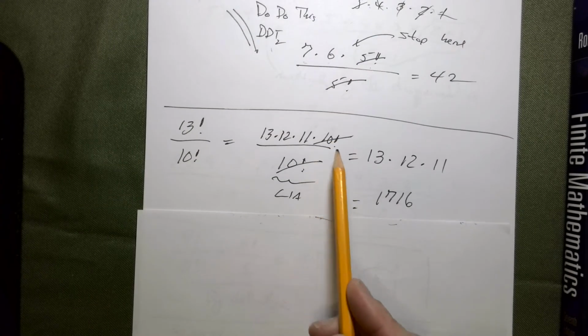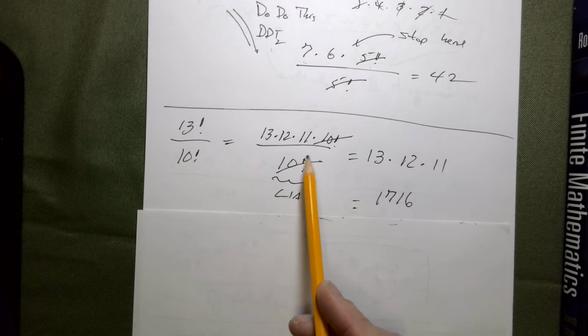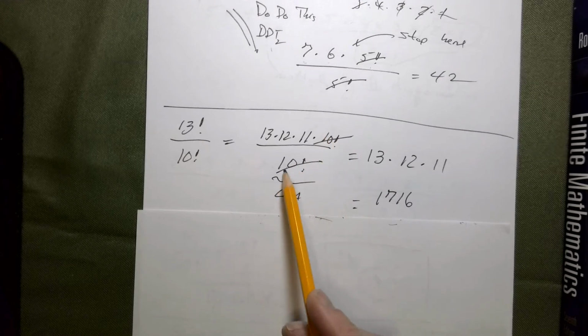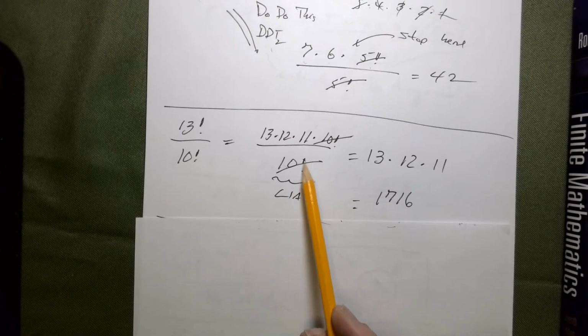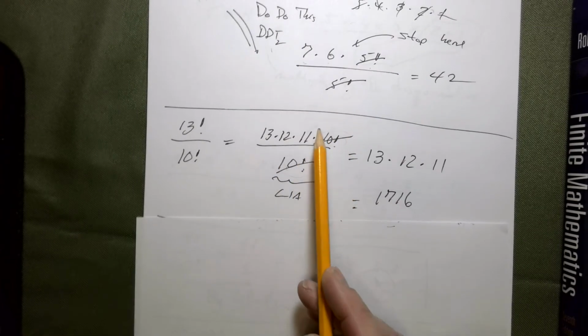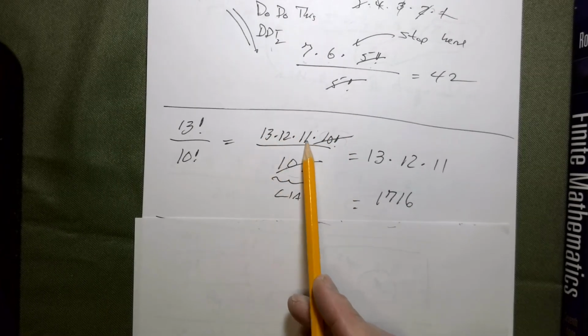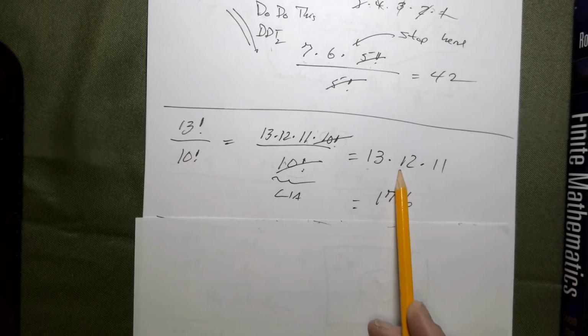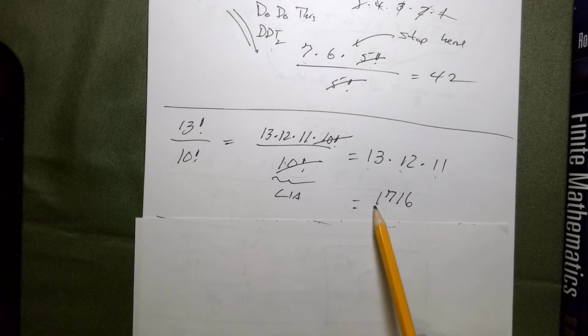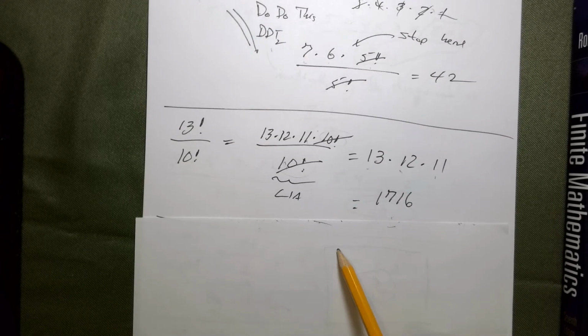So if I do that, the 10 factorials are going to cancel, so I get a whole bunch of cancellations without having to write everything out. So you're going to leave this alone, you're going to stop it here at 13, 12, and 11. Cancel, and you're left with 13 times 12 times 11. And now I can easily calculate that.